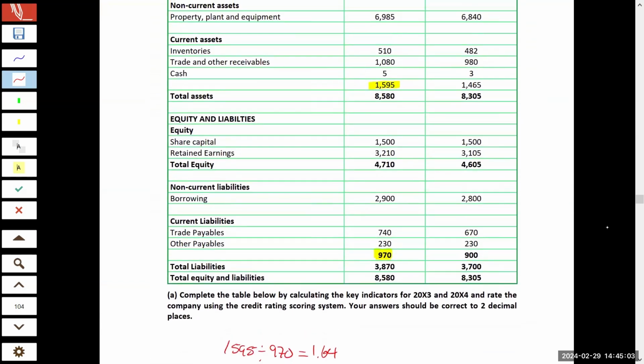Exact same thing for the previous year now. Current assets divided by current liabilities. 1,465 divided by 900.